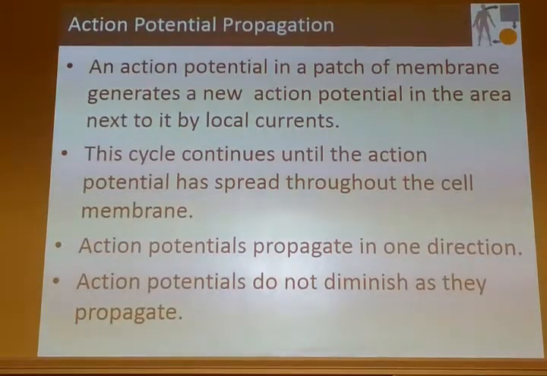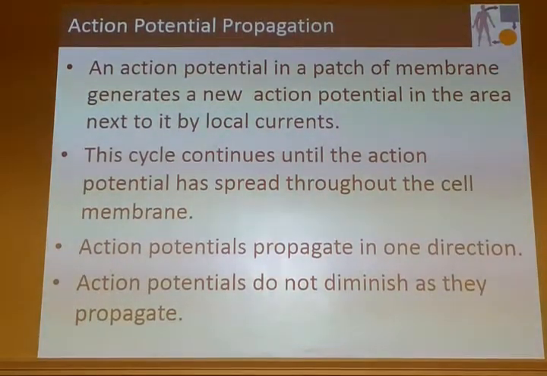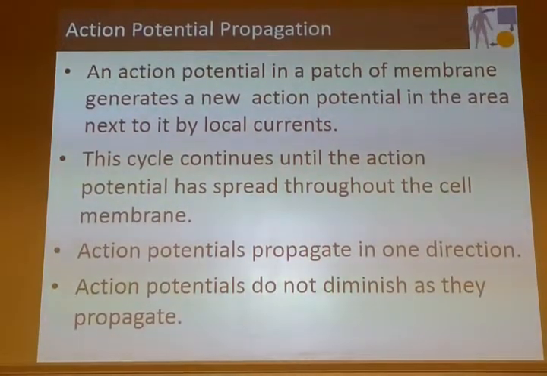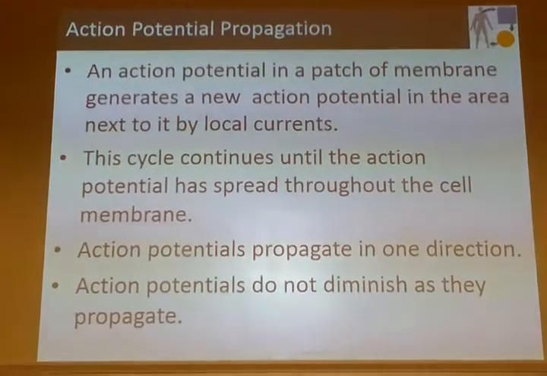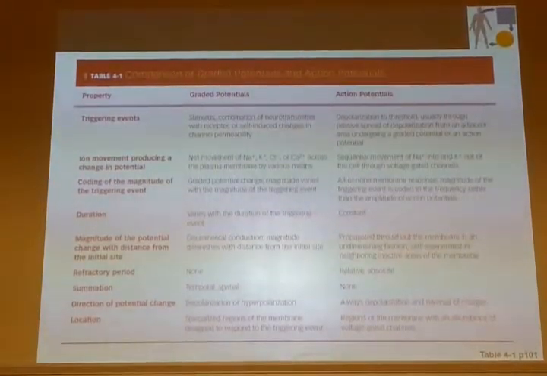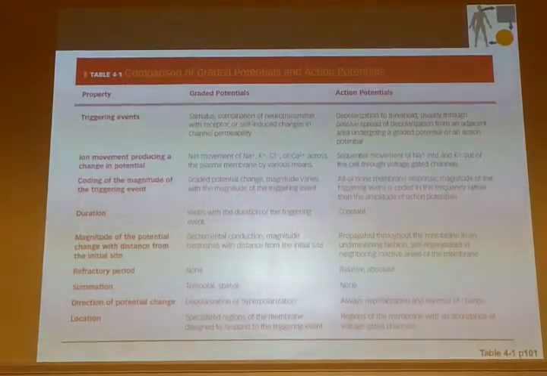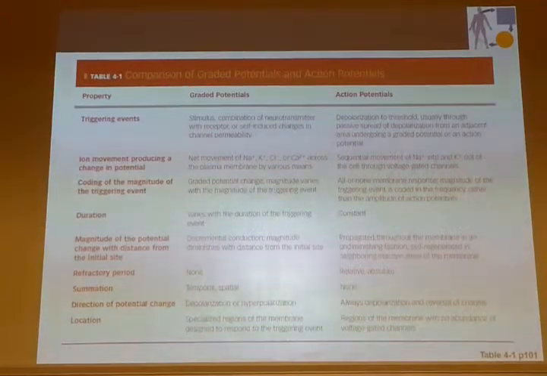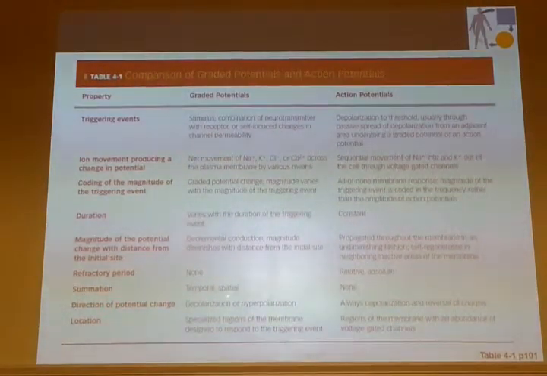So both these events with sodium and potassium are occurring in the axon as well as the dendrites and the cell body. So this has a summation of all the things that we talked about. The summation is what's occurring out here.